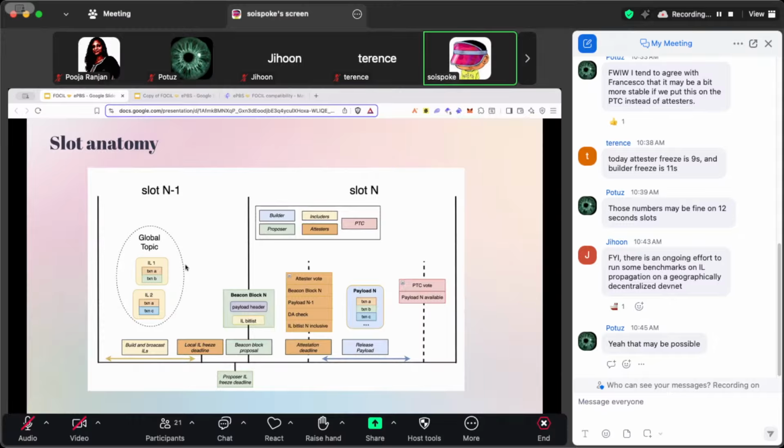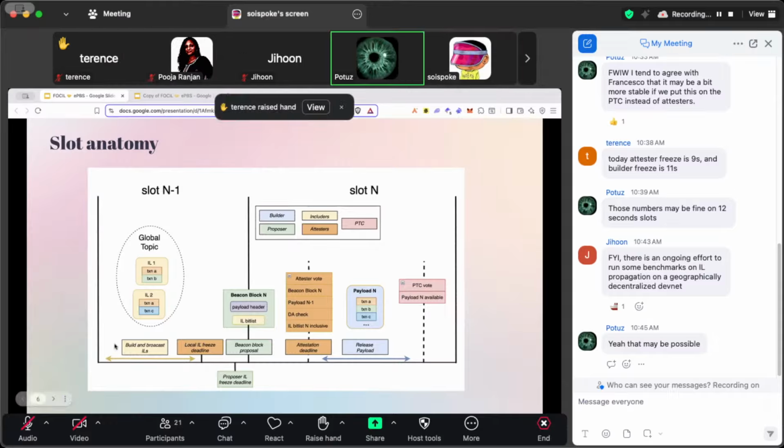Yeah, I think the main difference here is that the IL can never really be fresh. This is the biggest interaction with EPBS and FOCIL, as far as I can see. Today with FOCIL, when you're building your IL, you already know the full validity of the payload, DA and execution. But in EPBS, you're going to build your inclusion list without knowing the DA of the payload.